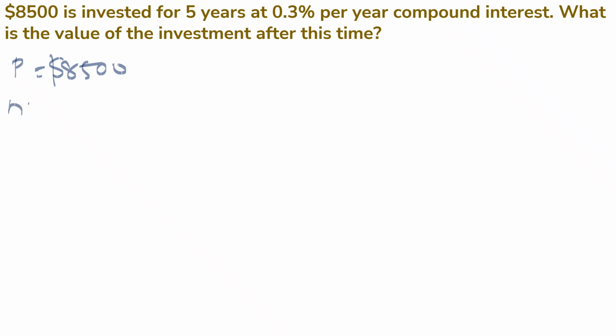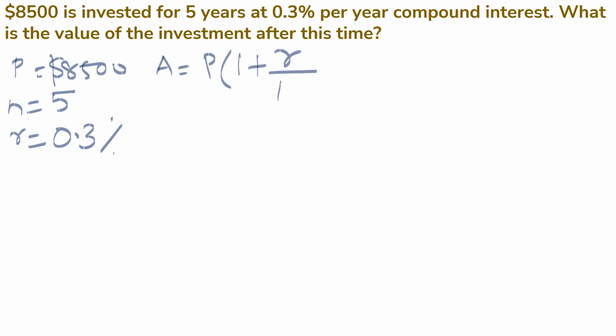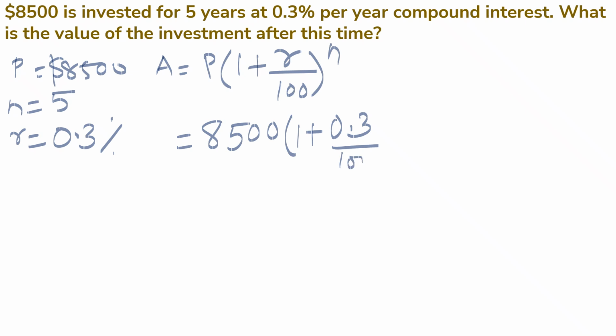N is 5 because we are investing for 5 years, and R is 0.3%. My formula goes like A equals P times (1 plus R upon 100) to the power n. P is 8500, then 1 plus 0.3 divided by 100, and n is 5.